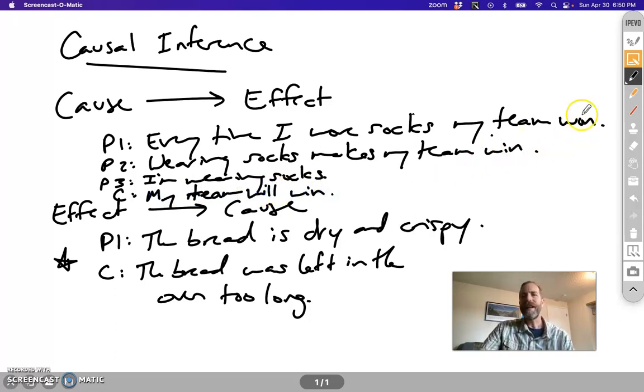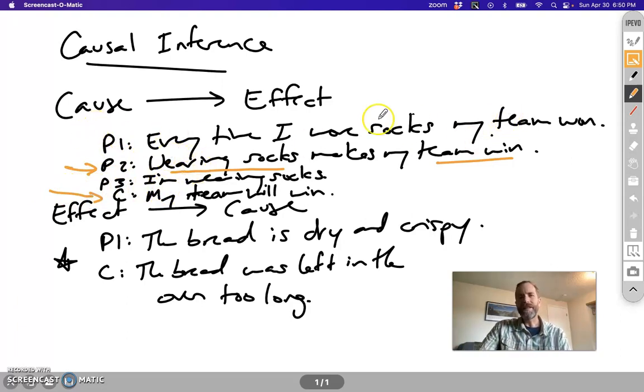This kind of looks like a prediction. It's about the future. But it's really best understood as a causal argument, because the premise that's really doing the work here is premise 2, this claim that there's a causal relationship between wearing socks and one's team winning. And that serves as the key evidence that leads us to this conclusion.